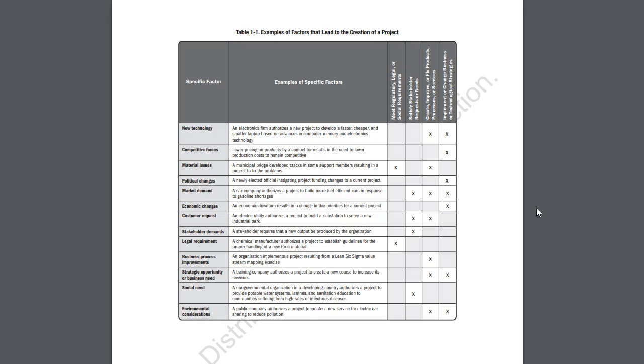New things are changing around us. If we look at environmental concerns, there are a lot of companies that are affected by environmental concerns. So these are some of the more common, more popular things that drive change.